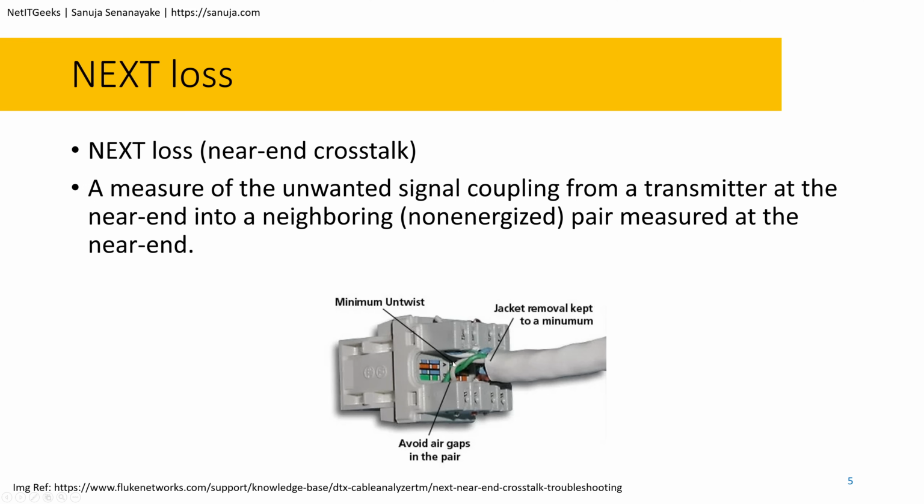But if this is untwisted all the way up here, the NEXT loss is going to be a little bit higher. So you need to be careful with termination of your cables, because that is one of the key things that could lead to NEXT loss.